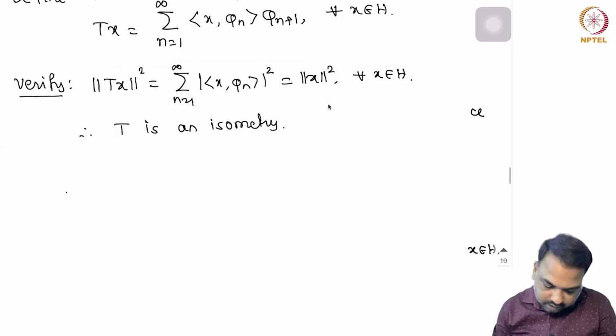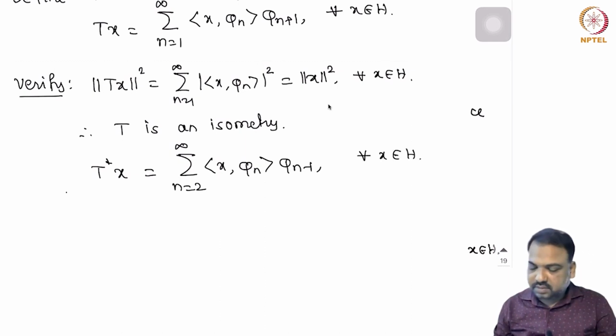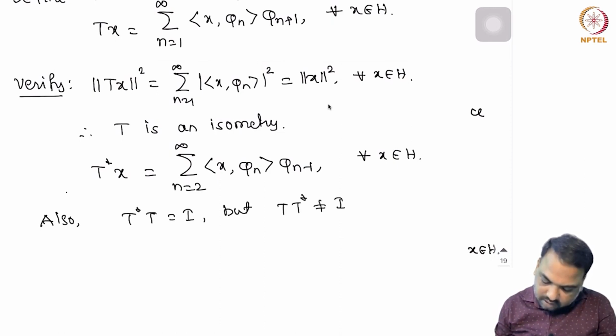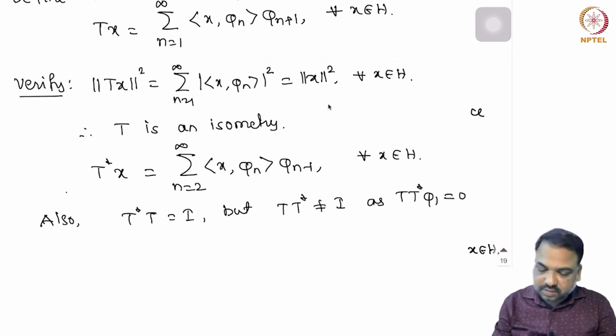Here we can easily show that T star of x is nothing but the summation n equals 2 to infinity of inner product x with phi n multiplied by phi n minus 1 for every x in H. And also we can easily show that T star T is identity, but T T star is not identity, as T star, if you take T star phi 1, that is 0.